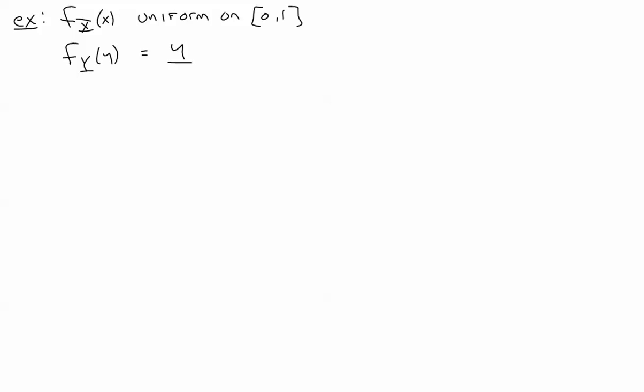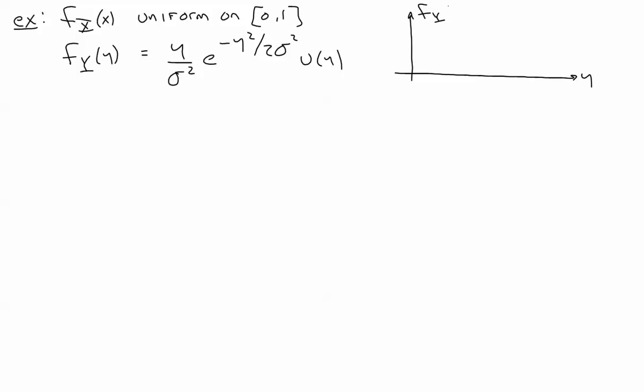It's going to look like this. Kind of increases linearly, peaks out, and then has a long decaying exponential type tail. It has no value for y less than 0 due to that step function.